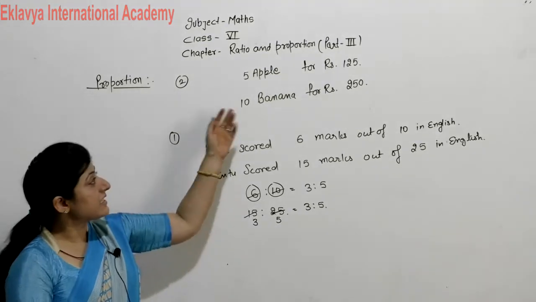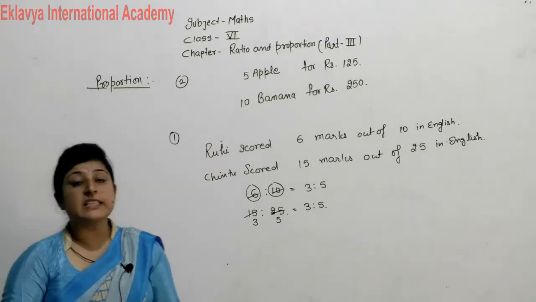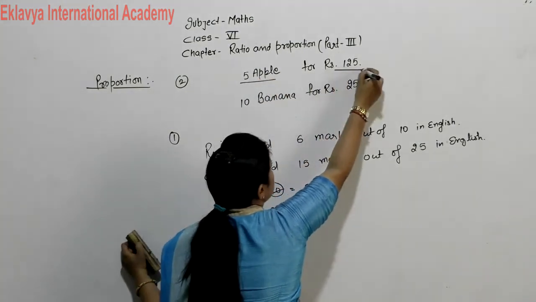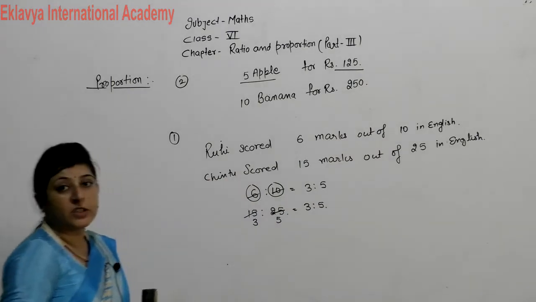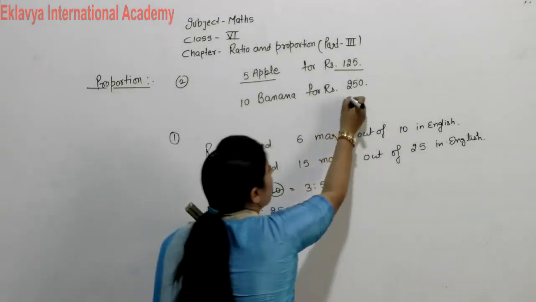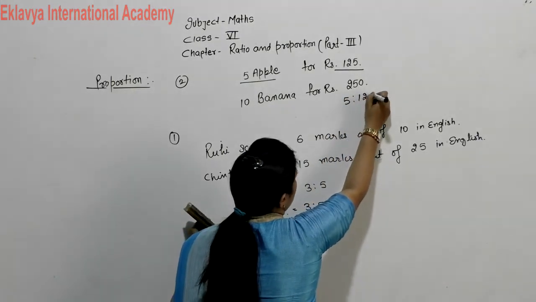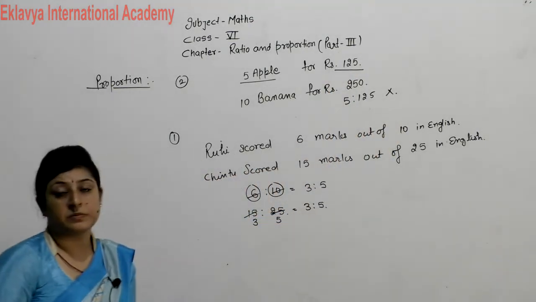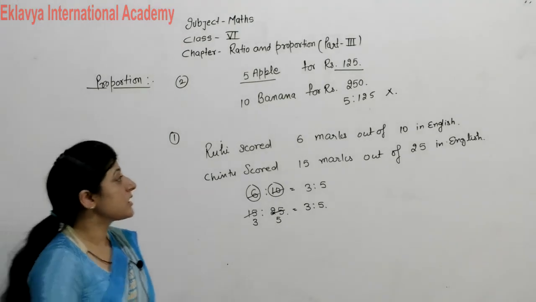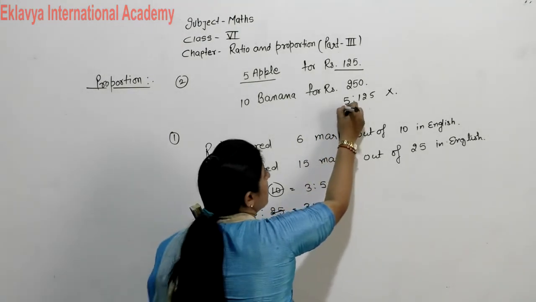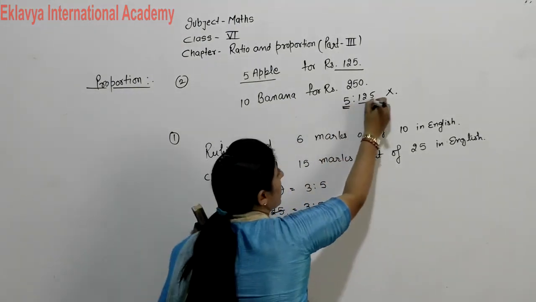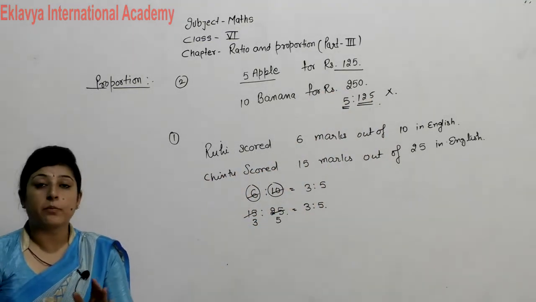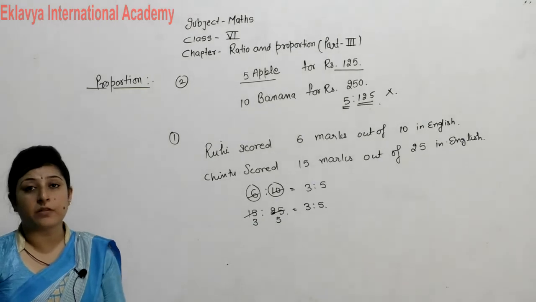But in this example, 5 apples for rupees 125, if you write 5:125, this is totally wrong, because 5 shows the thing and 125 shows the money, and both are different types of things.